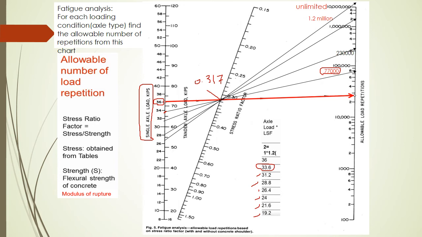It is really important to know that at 26.4 your arrow will go off the table, which means that it's unlimited. So starting at 26.4 till reaching 19.2, all those axle weights can repeat infinite numbers of times on the concrete slab and fatigue failure will not happen.